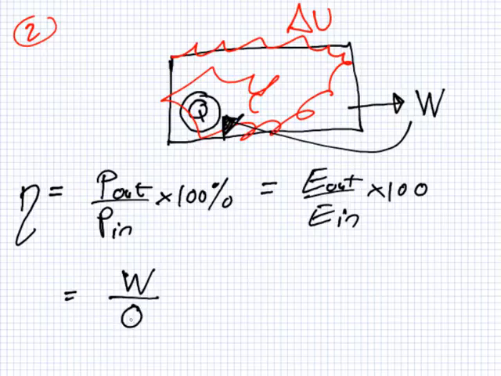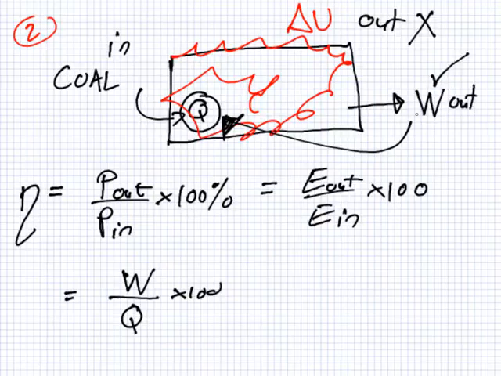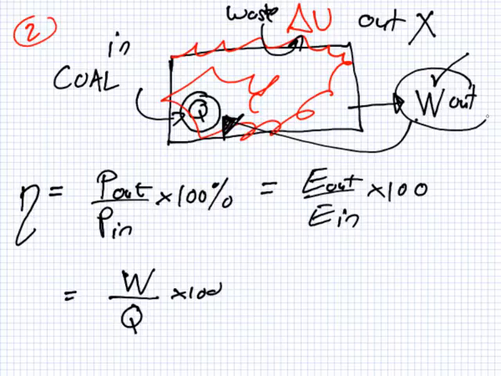Q. This is the energy that goes in from the coal, and then this is the energy that comes out. But this is the one you want, and you don't want this one. This is wasted. You don't care about this one. You want this one. Both of these come from the coal here.